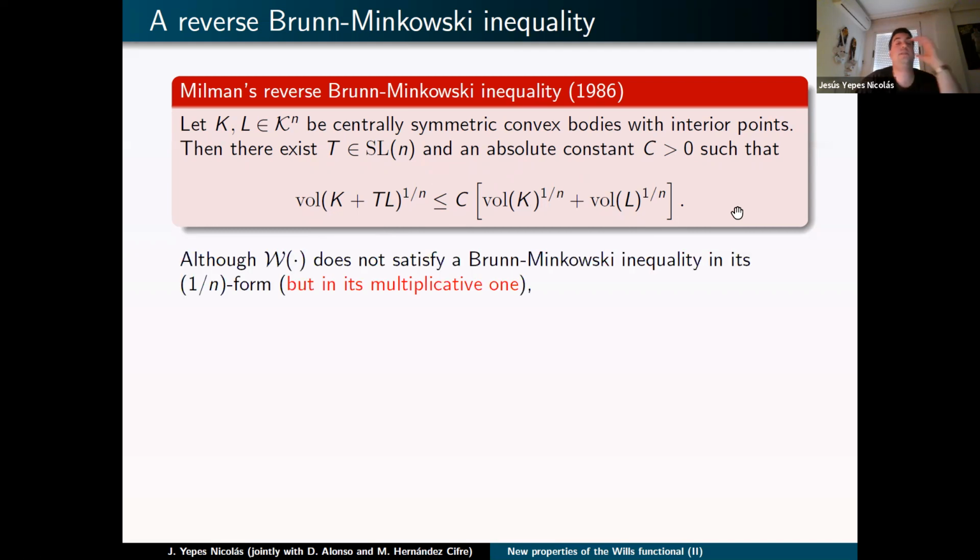So in this sense, although as we have seen before the general Brunn-Minkowski inequality in its form with exponent 1 over n is not true, what holds true is the multiplicative version of it.